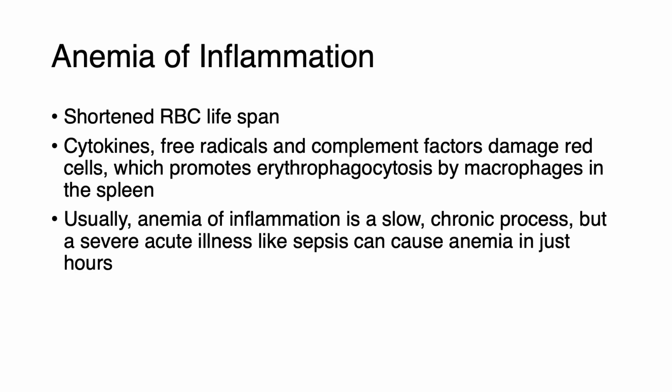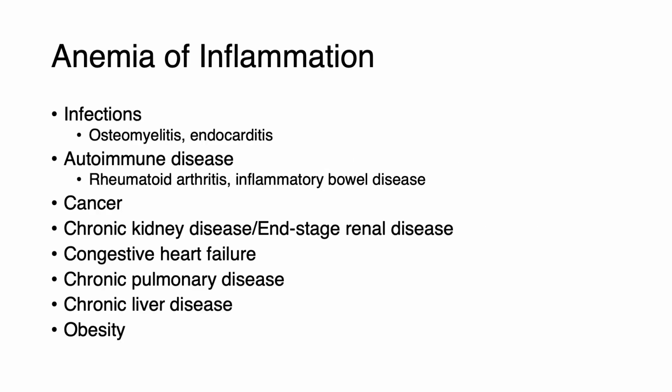So you're going to have more erythrophagocytosis by macrophages in the spleen, more red cell turnover. And usually this is a slow process with chronic inflammation. But if you have a really severe acute illness like sepsis, that can cause very rapid anemia by this mechanism.